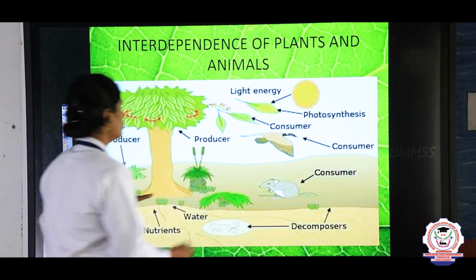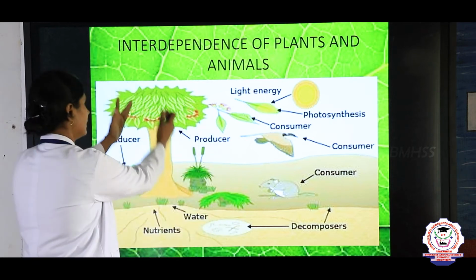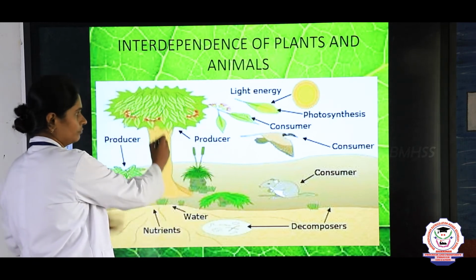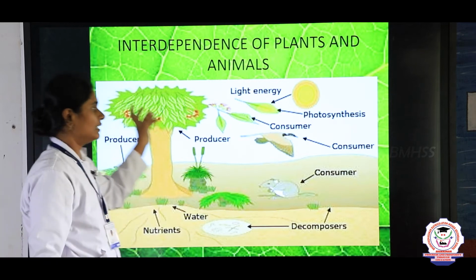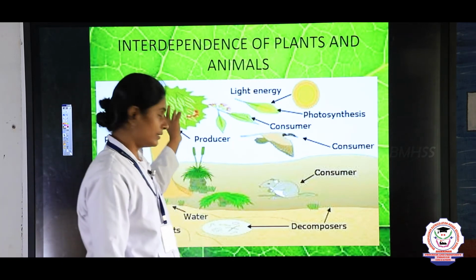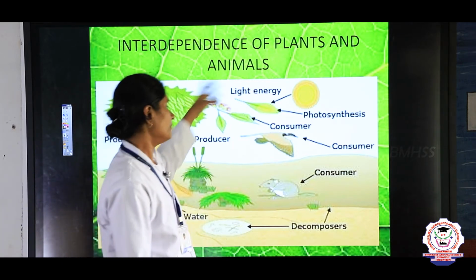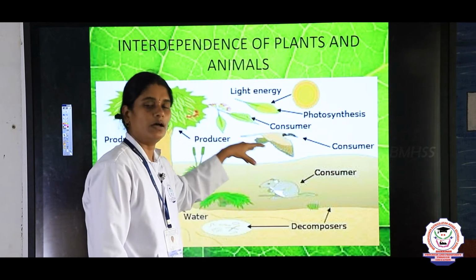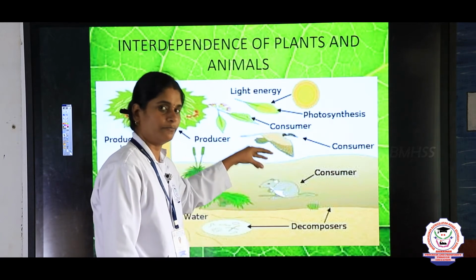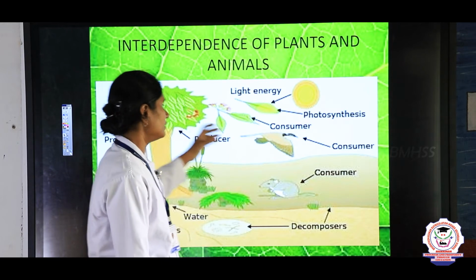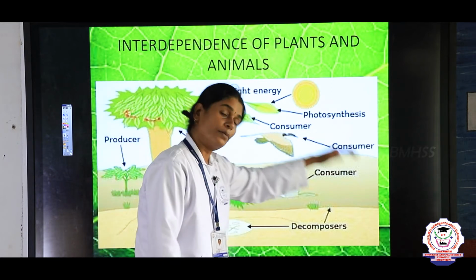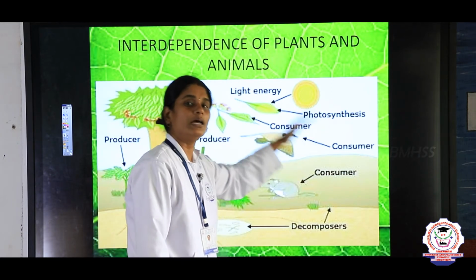So, that is what we are going to see. Here you can see a tree. The leaves can be consumed by plant-eating animals, and in the same way some animals depend on other animals.